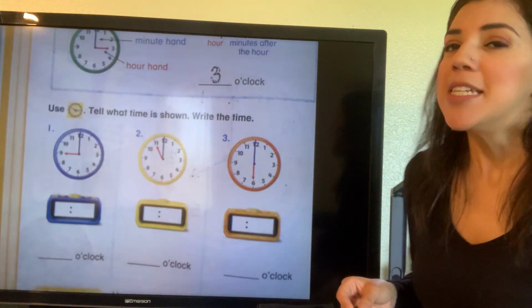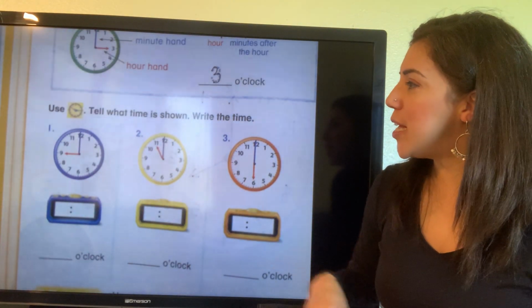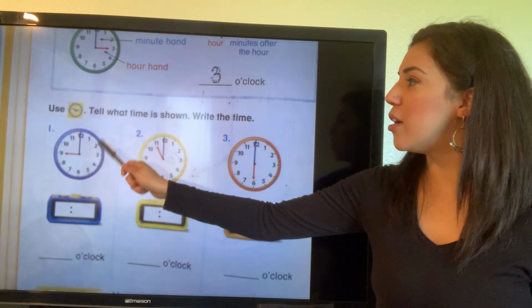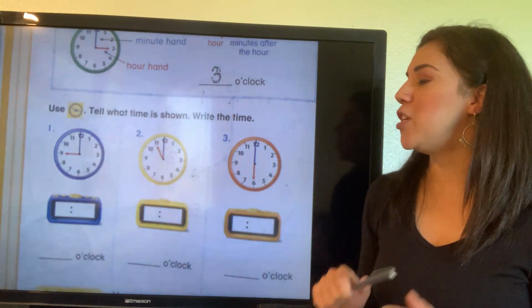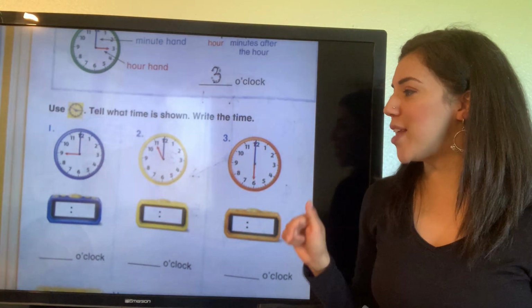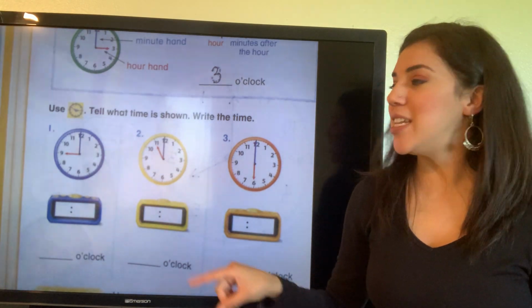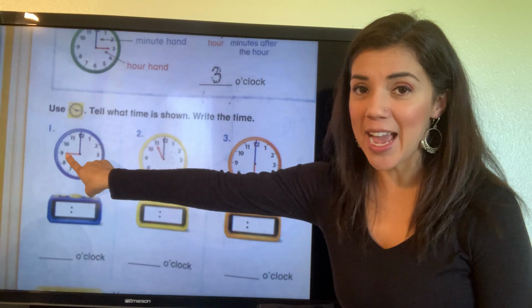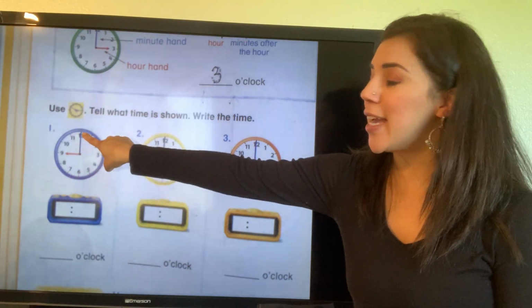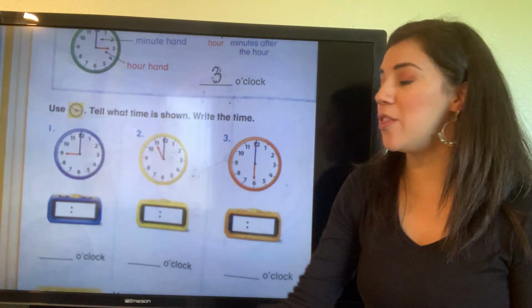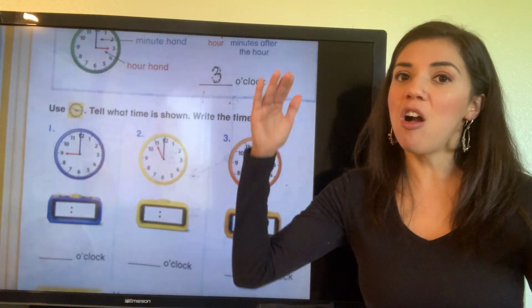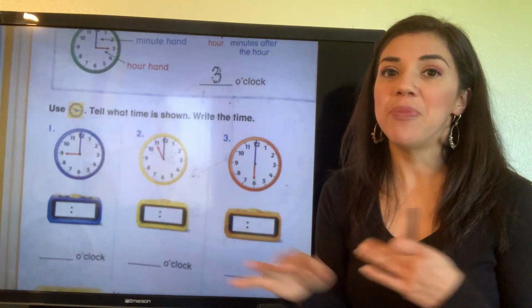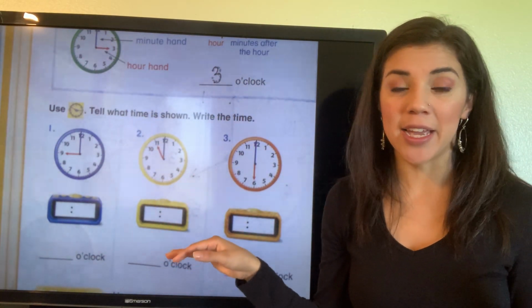Okay. So now we're going to use the analog clock to tell what time is shown, and we're going to write that time, okay? And so looking at number 1, the short hand is pointing to the 9, and the long hand is pointing to the 12. Okay, whenever the long hand points to the 12, that means there are no minutes behind it, okay?